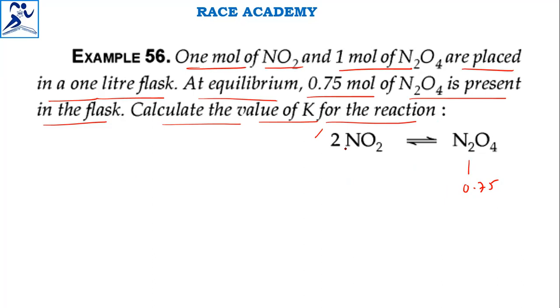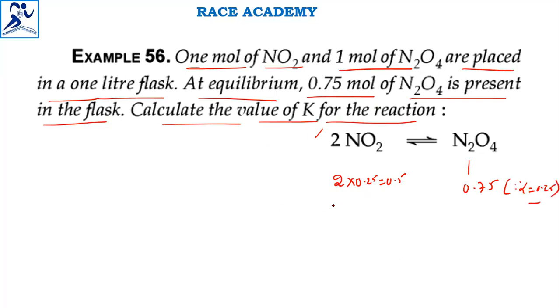So 2NO2 will become 2 alpha, that is 2 into 0.25, which is 0.5 for the nitrogen dioxide. Since alpha equals 0.25, they gave 0.75.